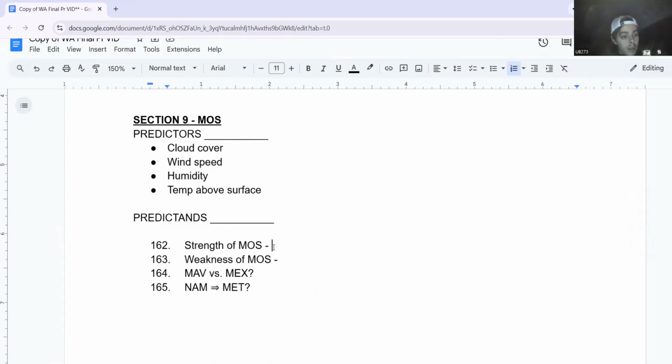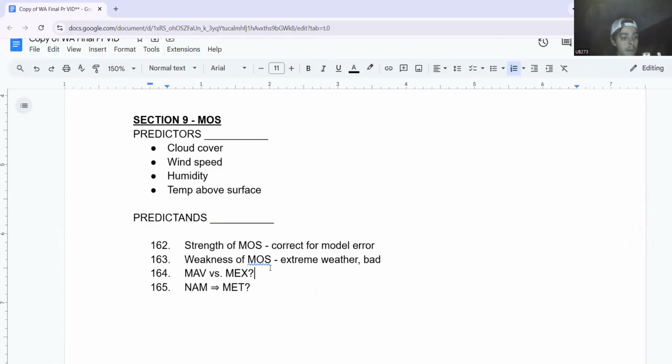A strength of MOS is that it helps correct for model error. A weakness is that for extreme weather or unusual circumstances, it's bad. Also, it's not very public friendly. That's why we use NBM more now, because there are things in here that are not easily publicly digestible.